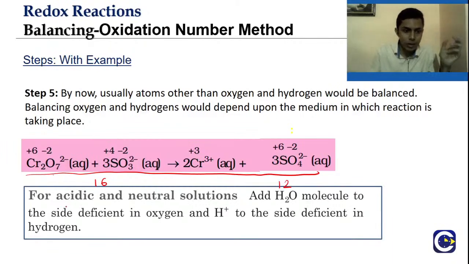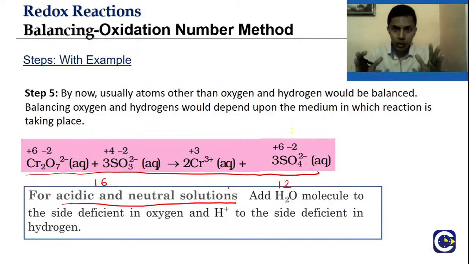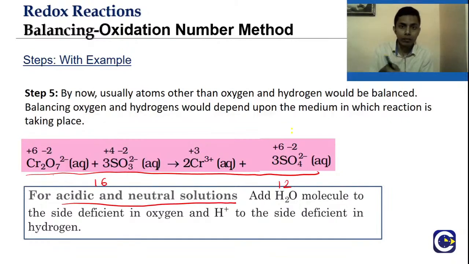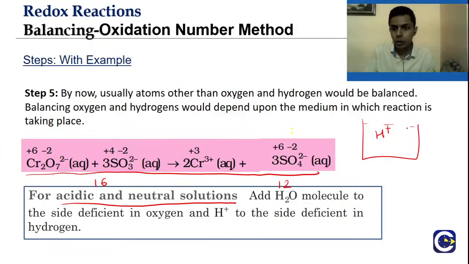So for acidic or neutral solution, how do we solve? Listen very carefully. For acidic medium, when you are conducting the experiment in acidic medium, you have only H plus in water. Correct? Acidic medium means what? H plus in water. So I can use H plus, I can use water. That's all. So in that case, how to balance the equation?